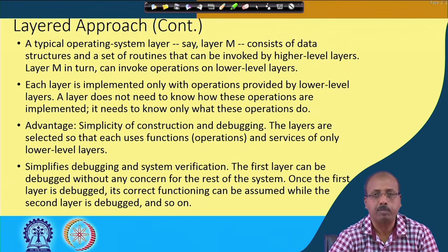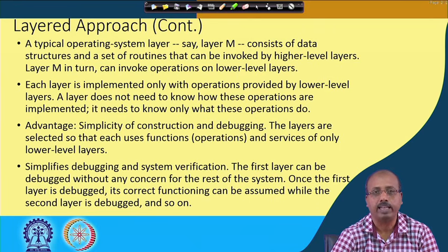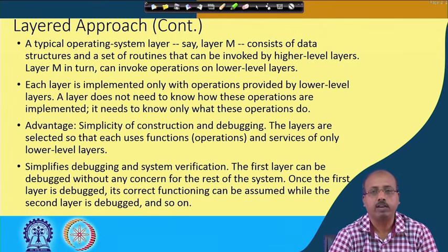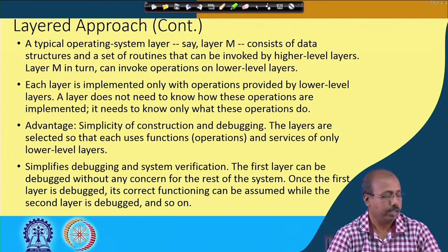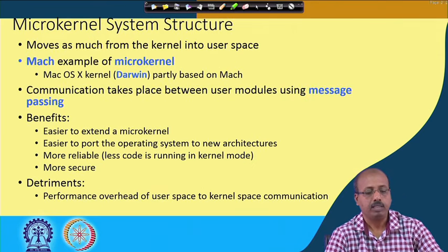Once the first layer is debugged, we assume its correctness, and based on that we try to debug the second level, and then that can go on. Whenever we have debugged layer n, for layer n plus 1 we will assume that everything up to layer n is okay, and we try to test the functionalities that we have at layer n plus 1.